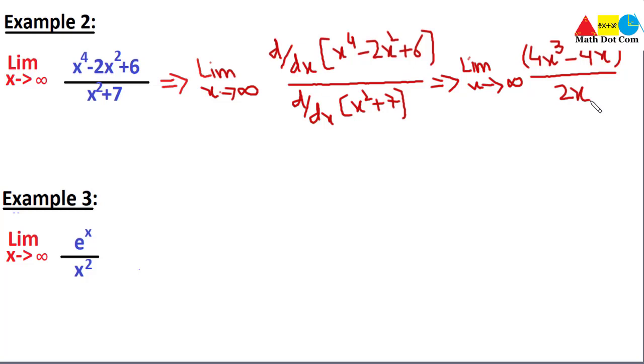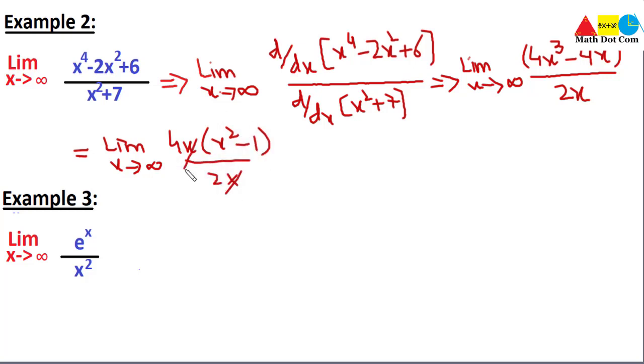So we will solve it further here. We have to take the 4x as common, so limit x approaches to infinity, and we'll take 4x as common out, and we'll get x square minus 1 divided by 2x, so it will be cancelled out, and what we will get is limit x approaches to infinity.